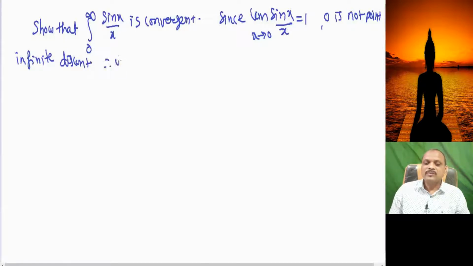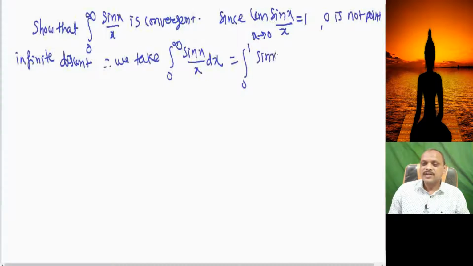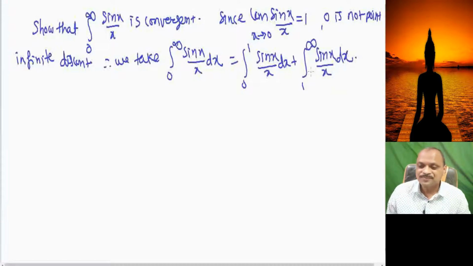Therefore we take the integration 0 to infinity of sin x divided by x dx equal to the integration 0 to 1 of sin x divided by x dx plus the integration 1 to infinity of sin x divided by x dx.